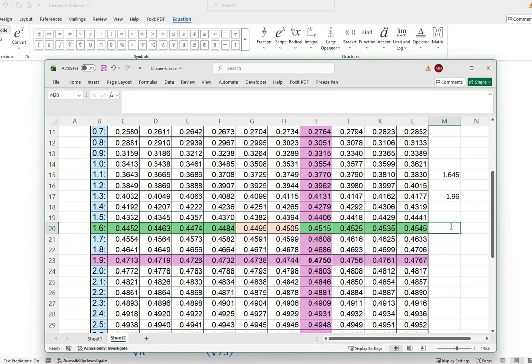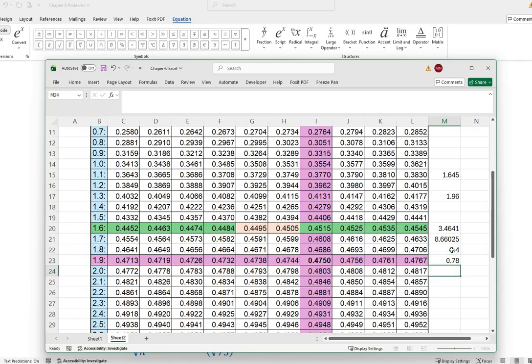The square root of 12 divided by the square root of 75 is equal to 0.4.